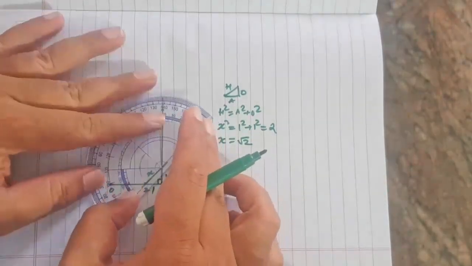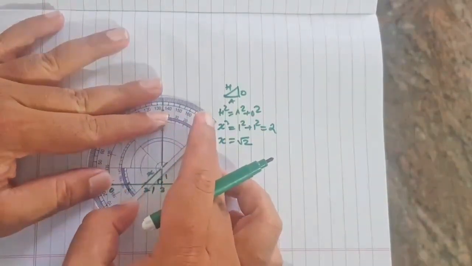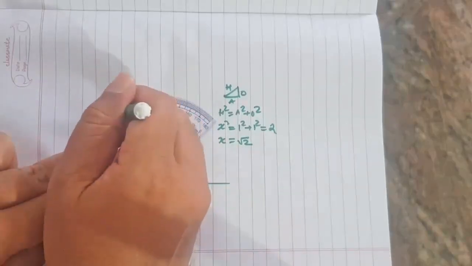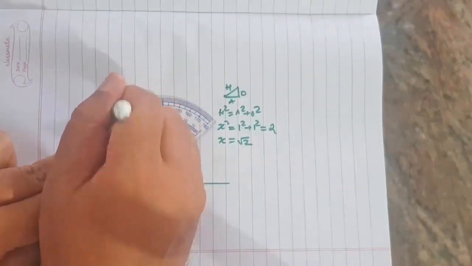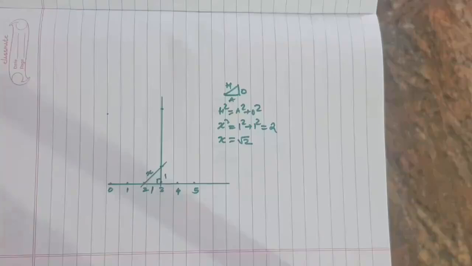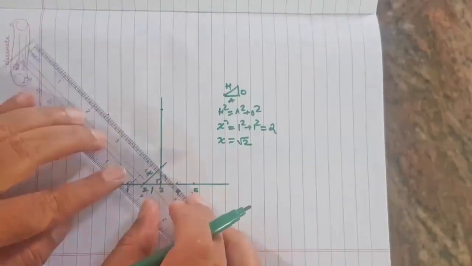Now to compute root 3, the length of root 3 on the number line, we do a similar process. We just create a perpendicular line to the line segment whose length is x.